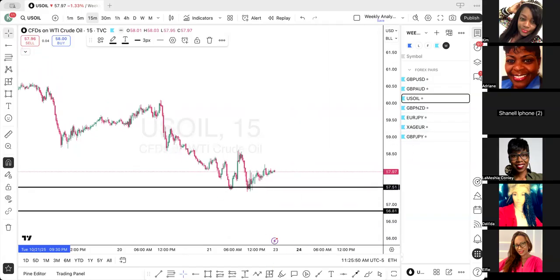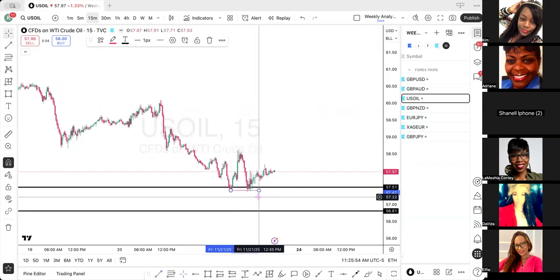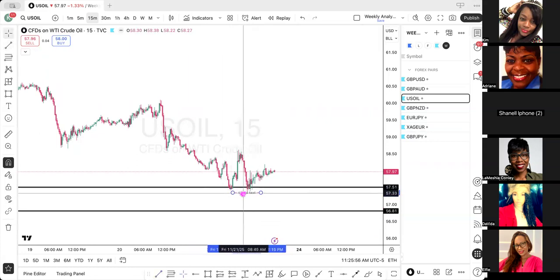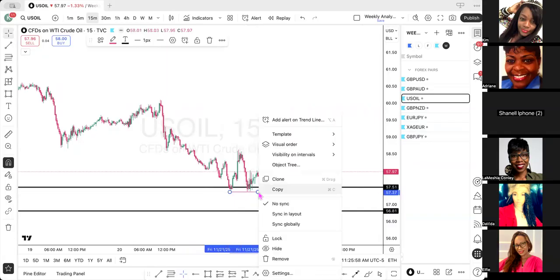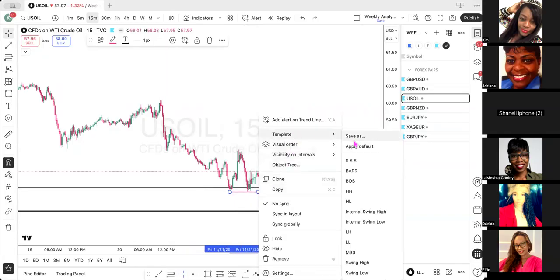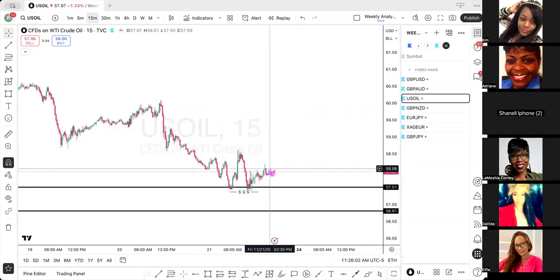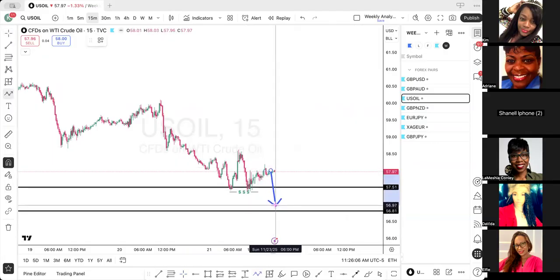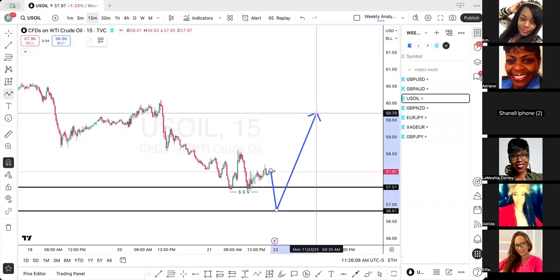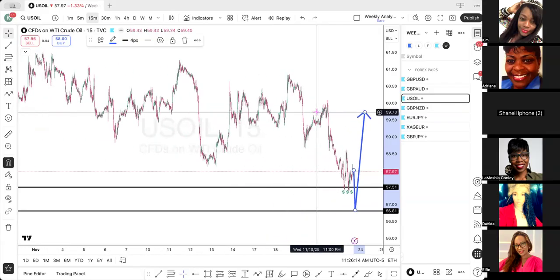I'm thinking this is just liquidity right here or right here. I'm thinking this is just liquidity to sell back down to here and then possibly start buying.